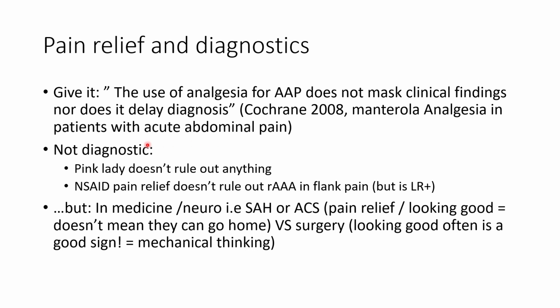Then, as I alluded to earlier, we shouldn't rule out any dangerous causes of pain. If you have an upper GI pain patient that gets the pink lady or a PPI or Gaviscon or anything like that, and the pain goes away, we should still think about the differential diagnoses, the dangerous ones, right?